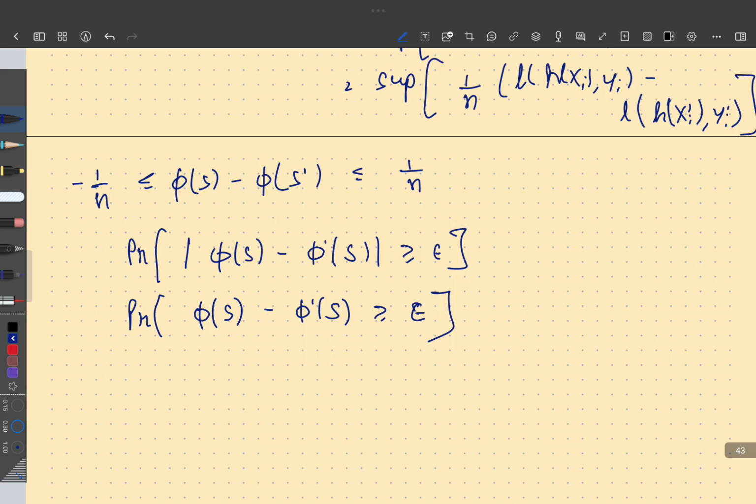But using this, I could potentially also bound the maximum deviation.